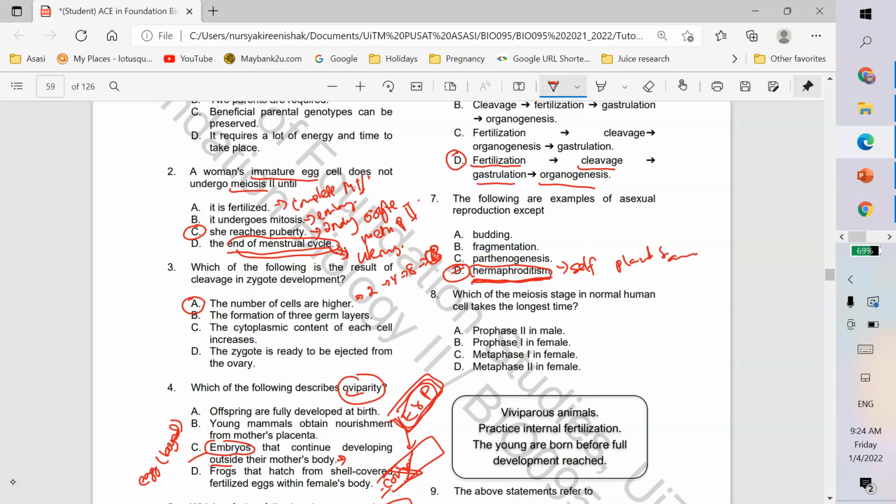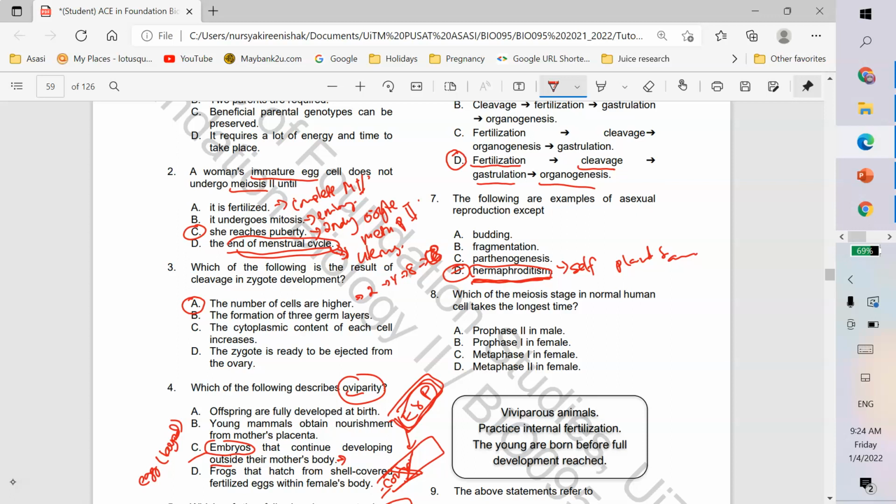Plants and animals. So this type of organism, they can produce offspring even though they are alone. Even though they are alone, so they can still produce offspring. Tapi dia juga boleh menghasilkan offspring through the normal mating.